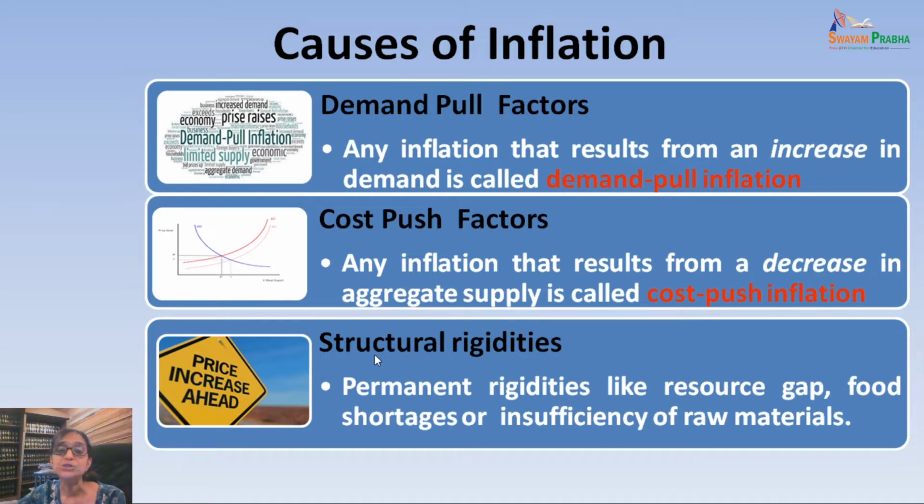Therefore, it leads to an increase in prices. What can be those rigidities? It is said that rigidities can be in the form of resource gaps. There is a greater need of investments. Savings are less. Hence, financial resource gaps get created. Firms are unable to produce more because investment availability is less. Food shortages can occur, or there may be insufficiency of raw materials.